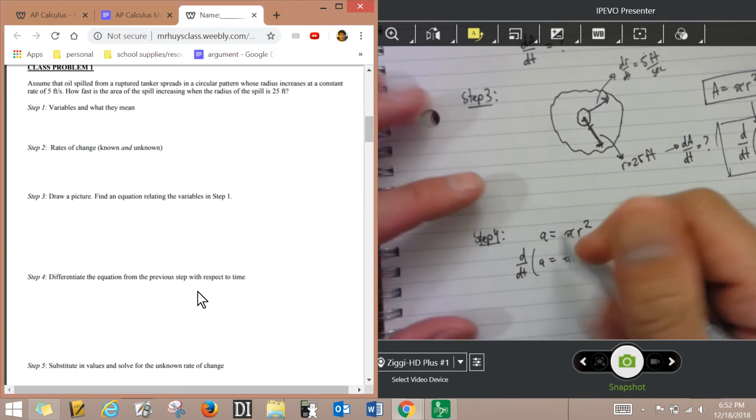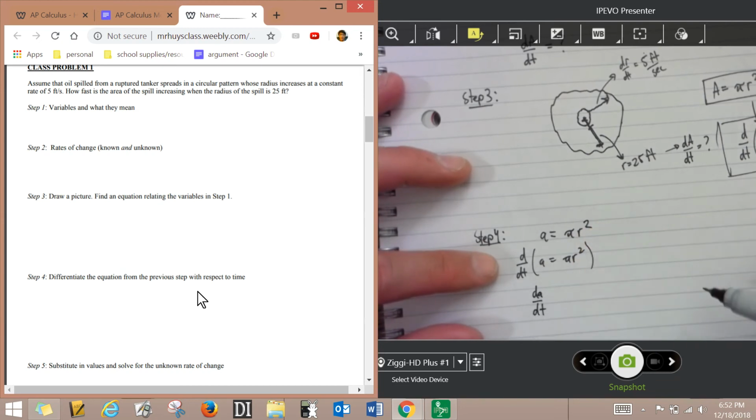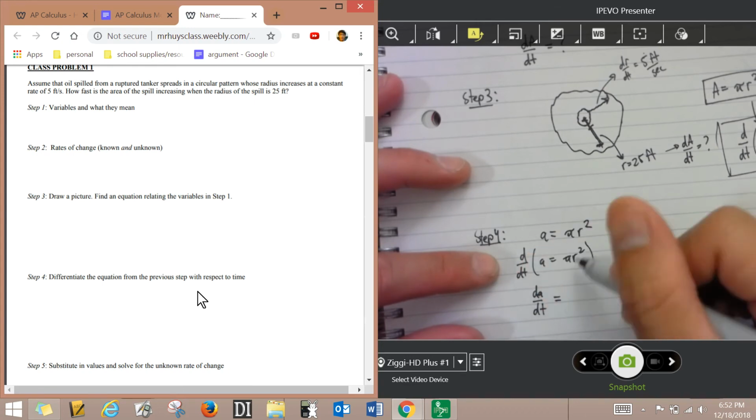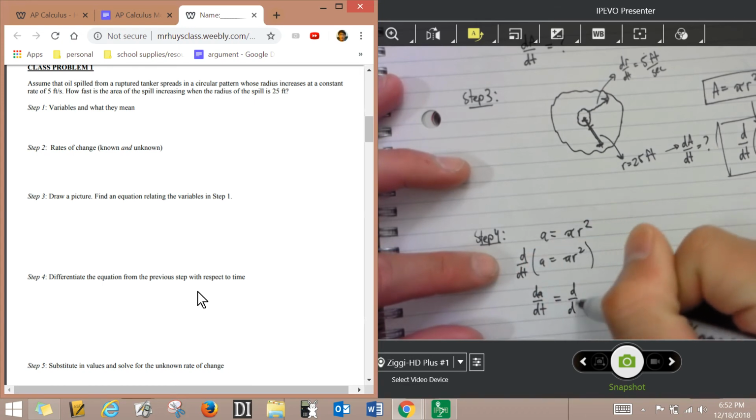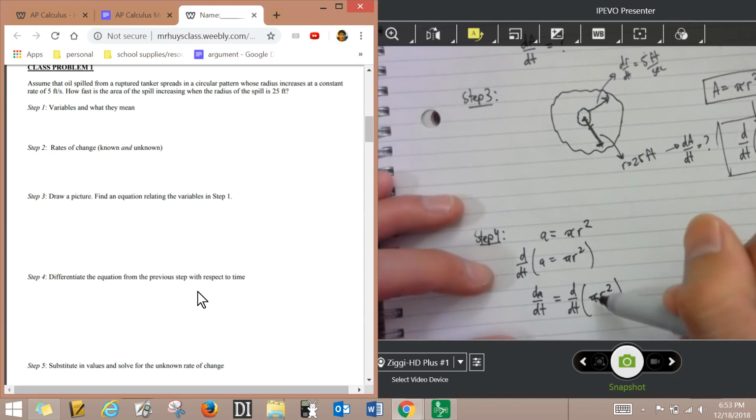So it'd be 1 times dA over dt is equal to, pi is a constant. If you're taking the derivative of pi r squared, the rule is that anything constant stays. Pi is technically about 3.14, so that's a constant value to me.